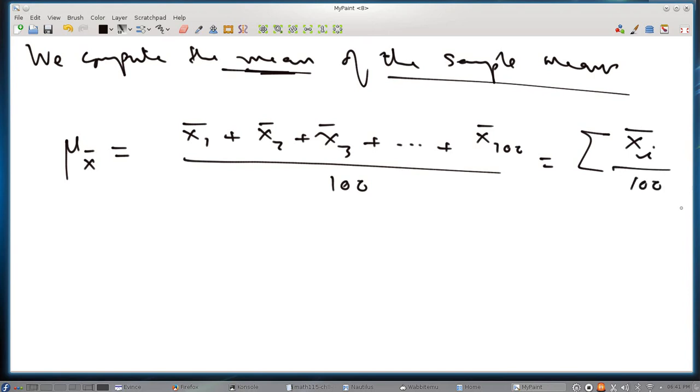Now this 100 here could be an arbitrary number. We could have taken 200 samples, we could have taken 50 samples or 60 samples. We could have done that, and that number will be plugged in here. But in our example, we use 100, and that's why we use 100 here as a denominator, because this is the number of the samples that we have collected.